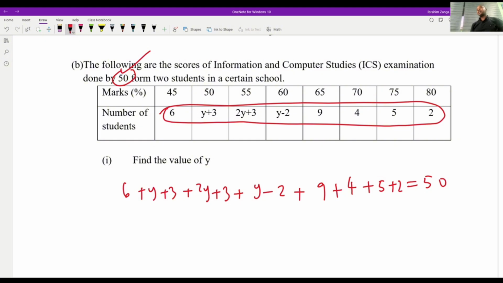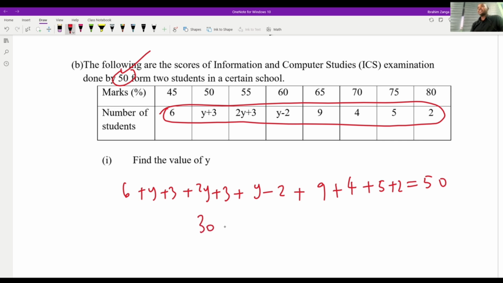So you're going to add the constants: 6 plus 3, 9. 9 plus 3, you get 12. Then minus 2 plus 9 will be 7, then plus 4 will be 11, plus 5 is 16, plus 2 is 18, so eventually you're getting 30.